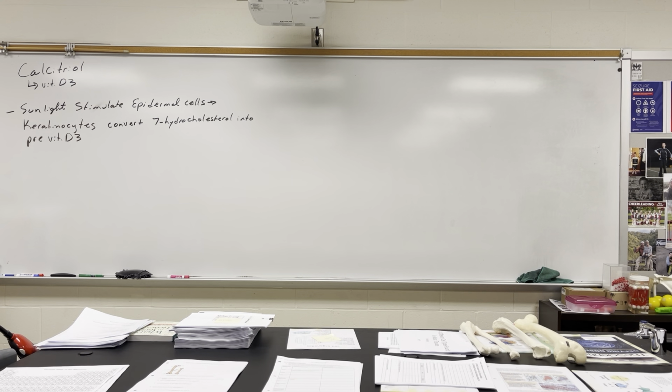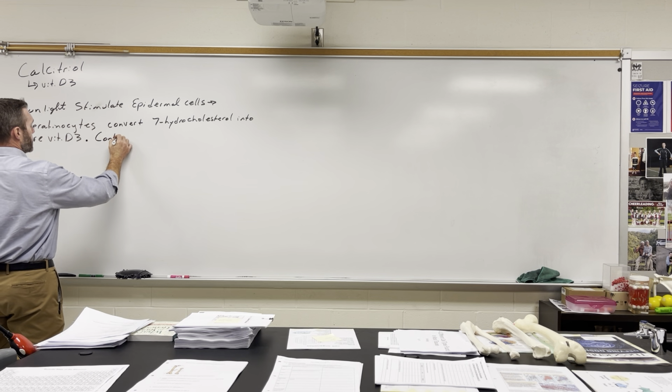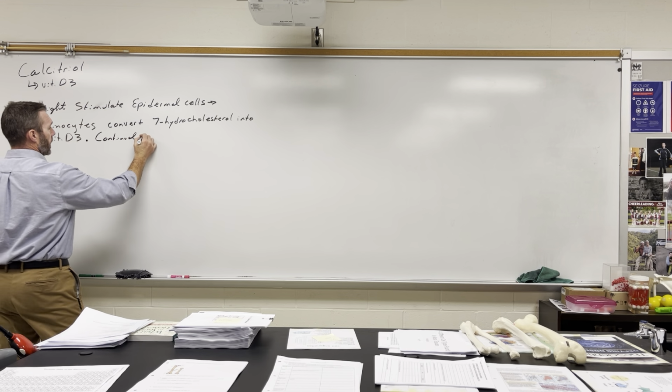So sunlight is important. 7-dehydrocholesterol is a molecule built on cholesterol, which is fat soluble. It's a very strong, potent sterol hormone, and it produces pre-vitamin D3. So on here, continual sunlight.